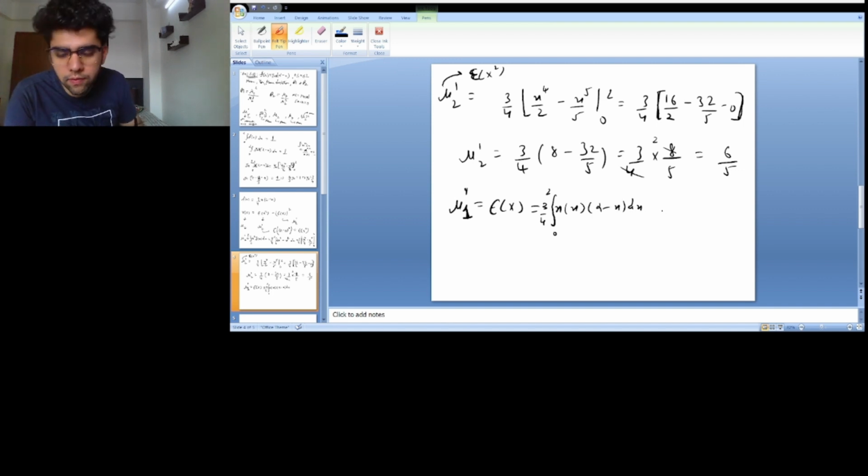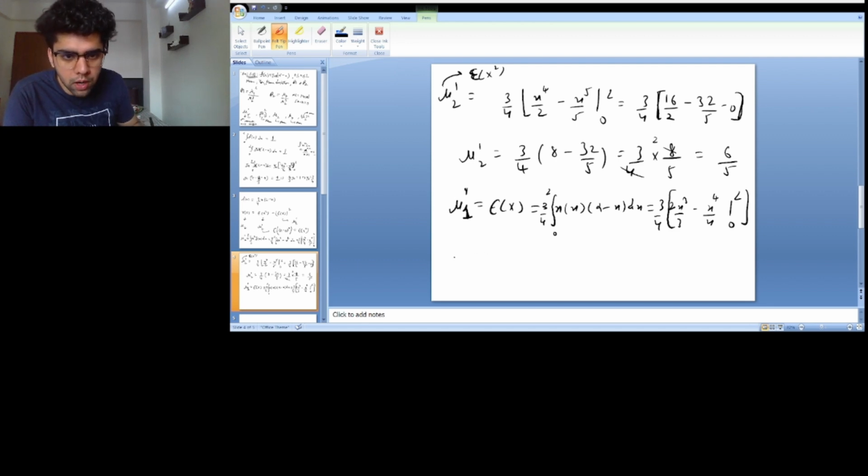Was this our PDF? Yes. So this will become x square into 2, 2x square. When I integrate this, this will become 2x cube upon 3 minus x to the power 4 upon 4, from 0 to 2, multiplied by 3 by 4.